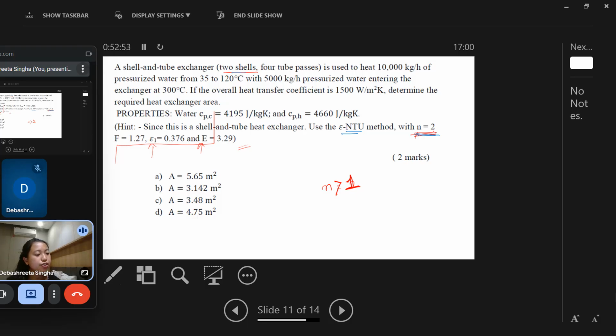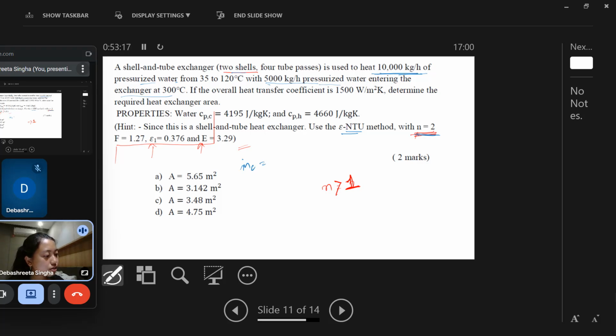A shell and tube exchanger, two shells and four tube passes, is used to heat 10,000 kg per hour of pressurized water from 35 to 120 degrees Celsius with 5,000 kg per hour pressurized water entering the exchanger at 300 degrees Celsius. Since it is used to heat this, this is the cold fluid.